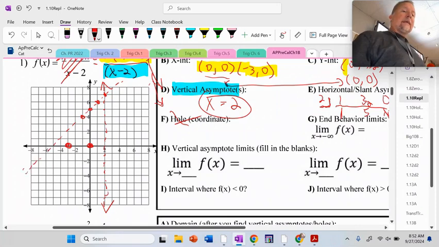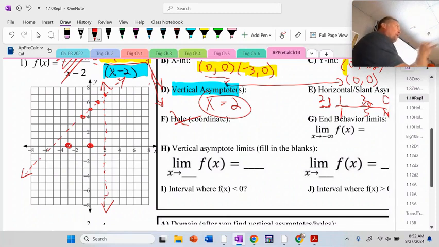Now, listen. From this point and through next week, and hopefully this makes sense, you should be able to graph without your graphing calculator. The whole point of asymptotes is they control the graph. The graph is controlled by it, dictated by it.